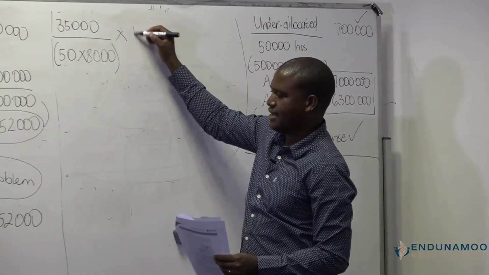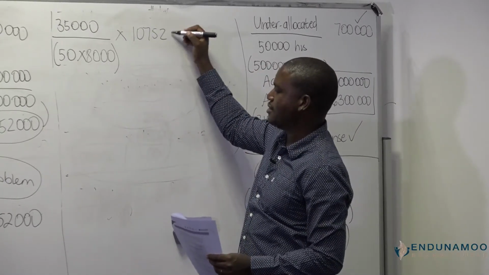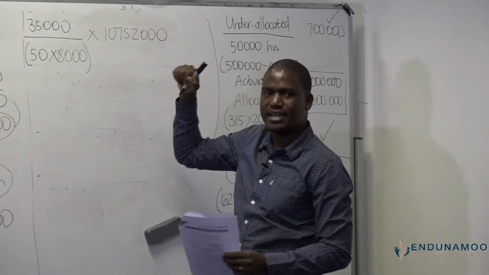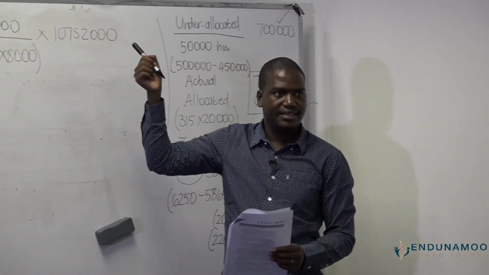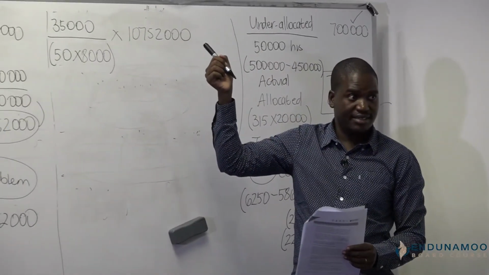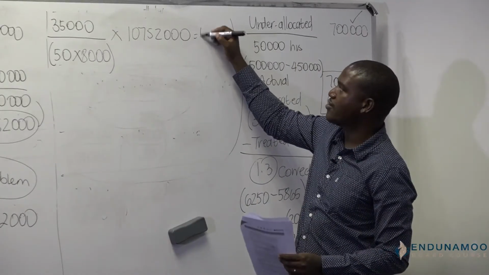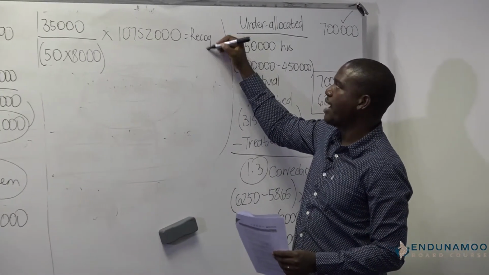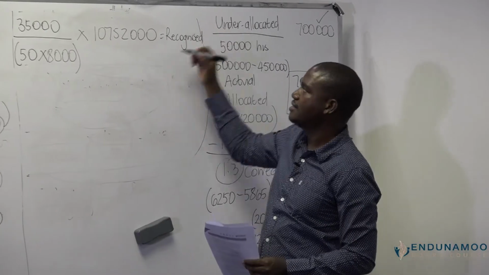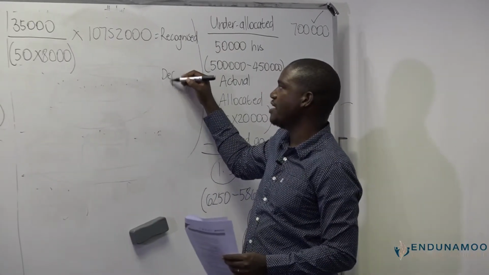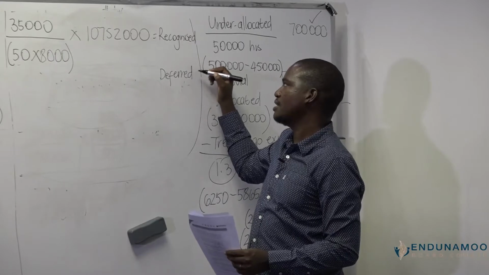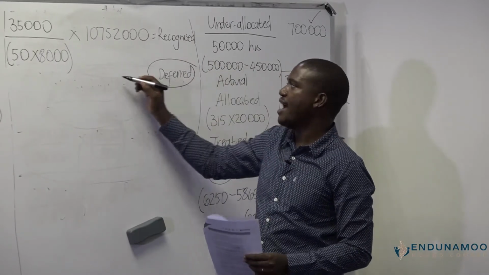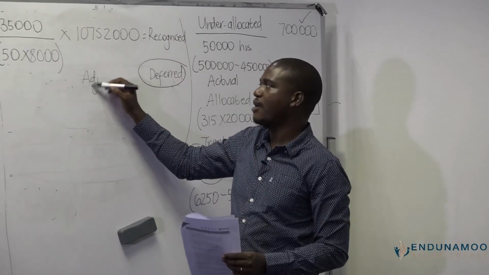So this should have been what? Should have been recognized. Does that make sense? So this should have been recognized, and the balance should have been deferred. And therefore the deferred has to be adjusted out.